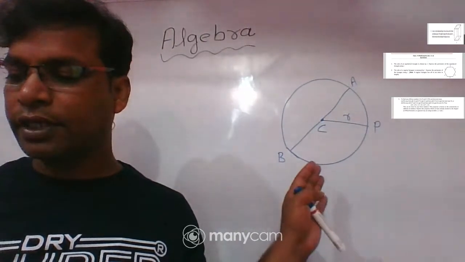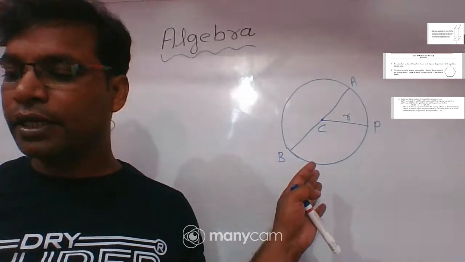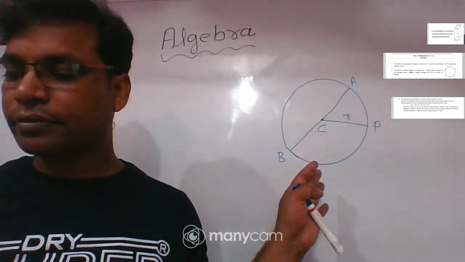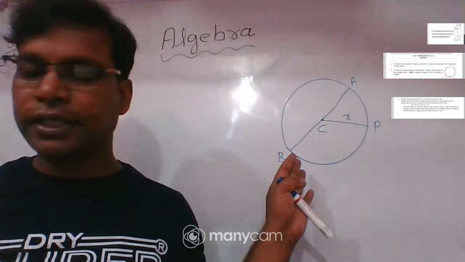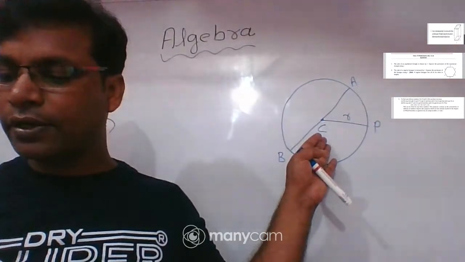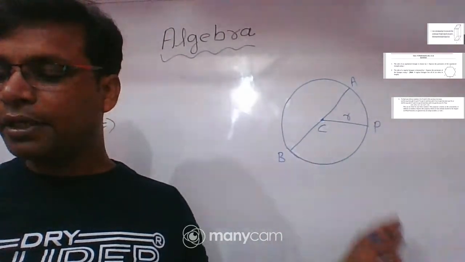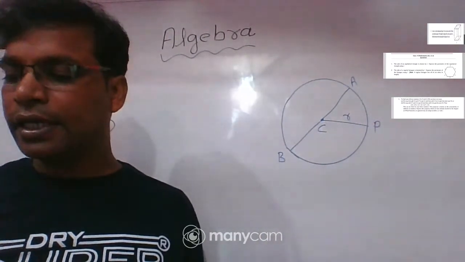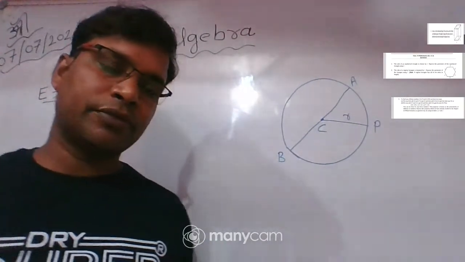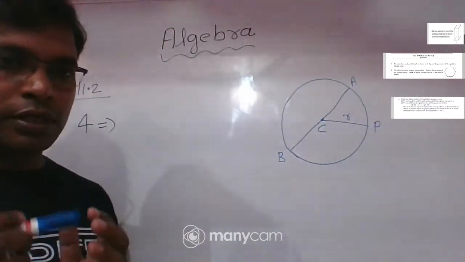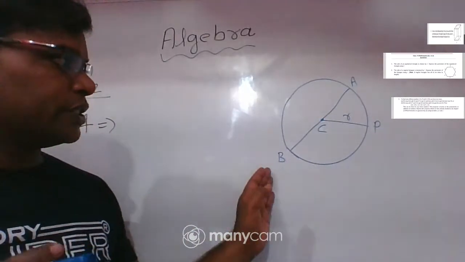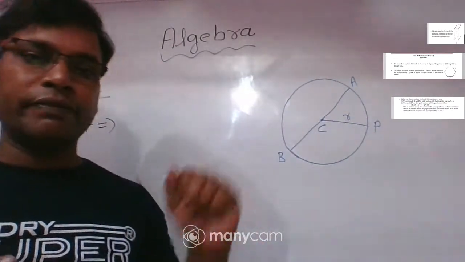In this figure you can see AB is a diameter of the circle, C is its center. Express the diameter of the circle D in terms of its radius. We have to express this diameter in terms of radius.